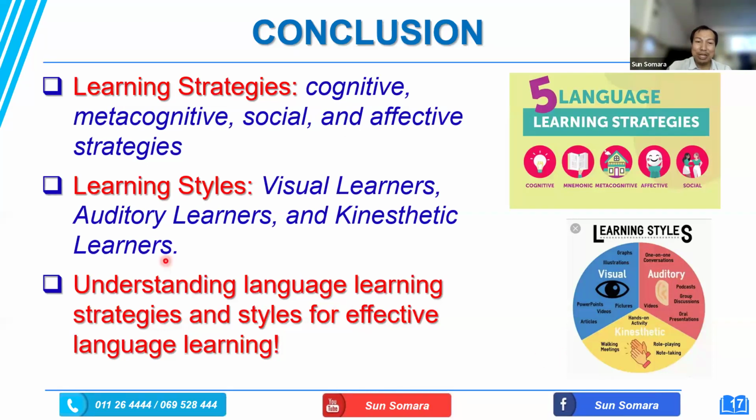But the last one is kinesthetic, it's a really effective one. I mean you're learning by doing, like walking, meeting, role play, note taking. Some people can learn best whenever they have a chance to take notes. You can see here: understand language learning strategy and style for effective language learning.